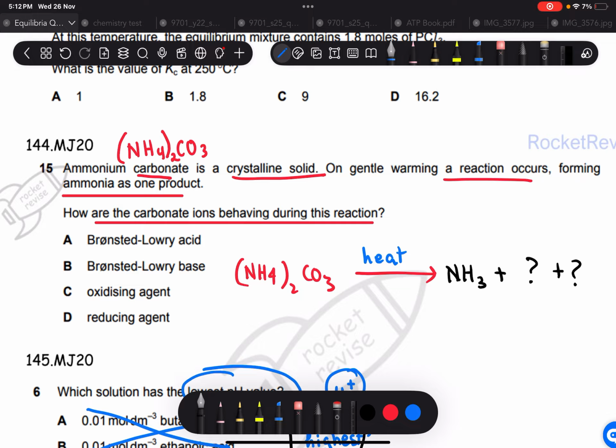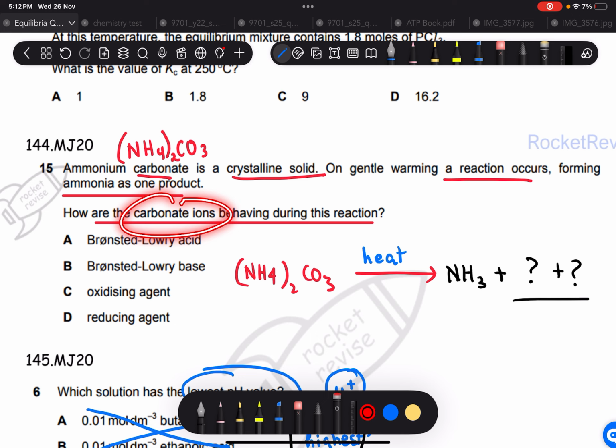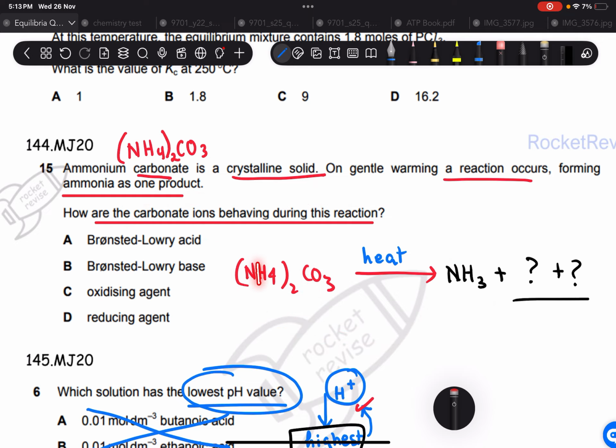We don't know how many products there are. The options are Bronsted-Lowry acid, Bronsted-Lowry base, oxidizing agent or reducing agent, for carbonate ions. Ammonium is going into ammonia. Ammonium has H4 and ammonia has H3. That shows us that ammonium loses a proton to form ammonia.